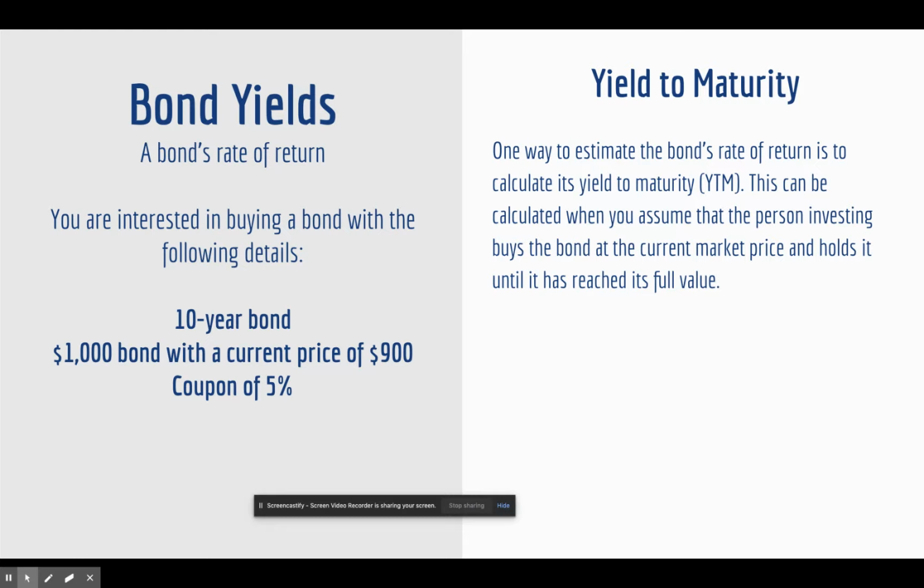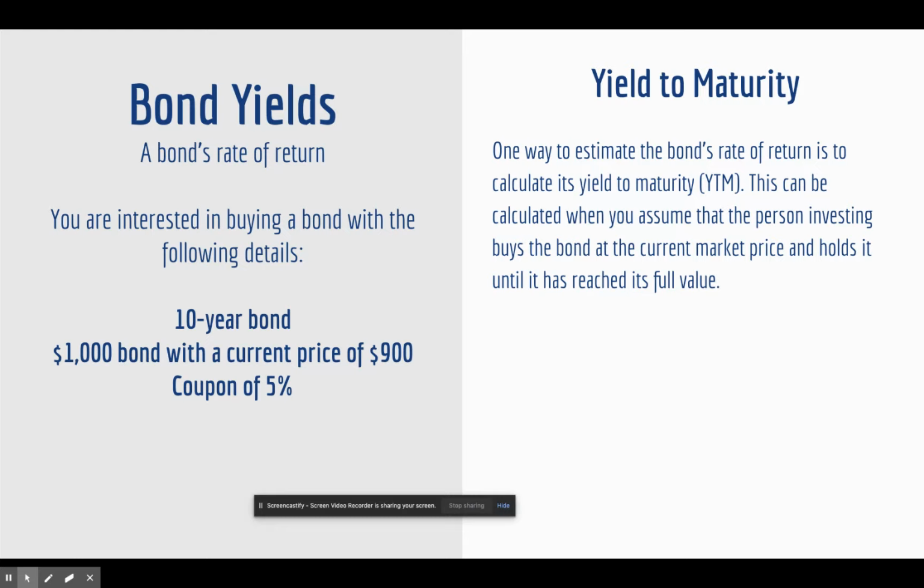So in this example, let's say you're interested in buying a bond with the following details. You're going to buy a 10-year bond. It's $1,000 par or face value with a current price of $900 and a coupon of 5%. Right off the bat, we can see that there are probably other bonds out there that are paying a higher interest rate.